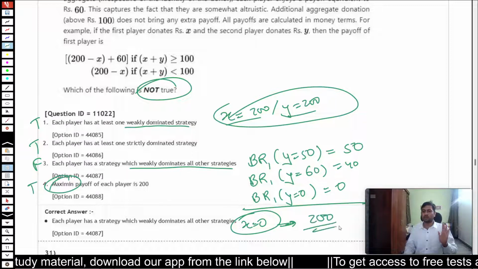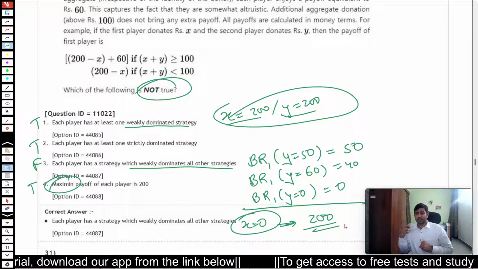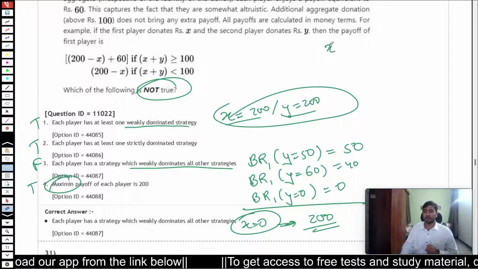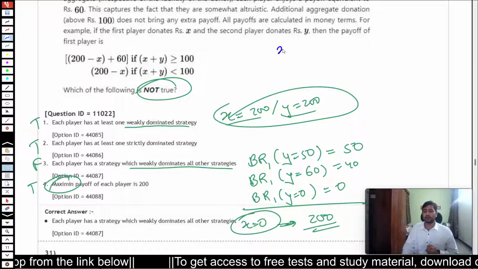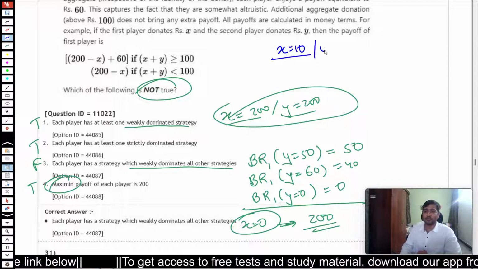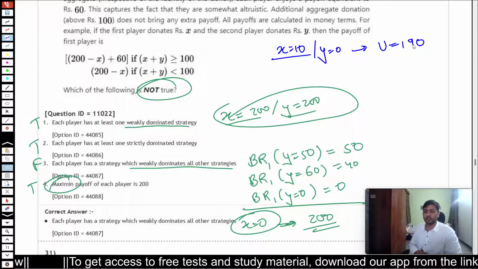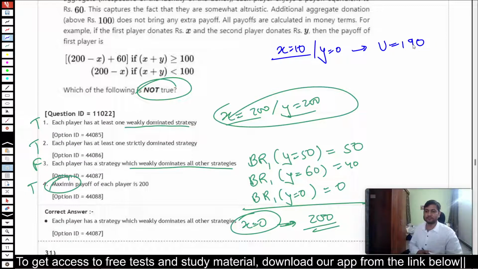So that is 200. For any other sort of donation, for example donating 10 rupees or 20 rupees, there is a possibility. Suppose you decide to donate x equals 10. Now if the other guy chooses y equals 0, your utility is just 190. So the minimum possible now is 190.